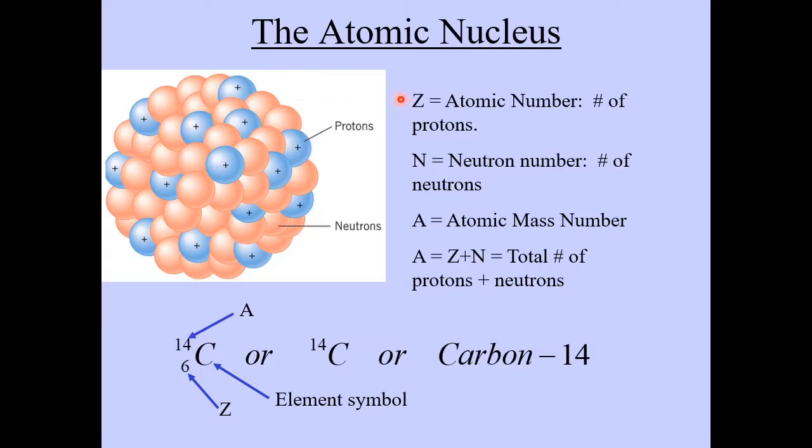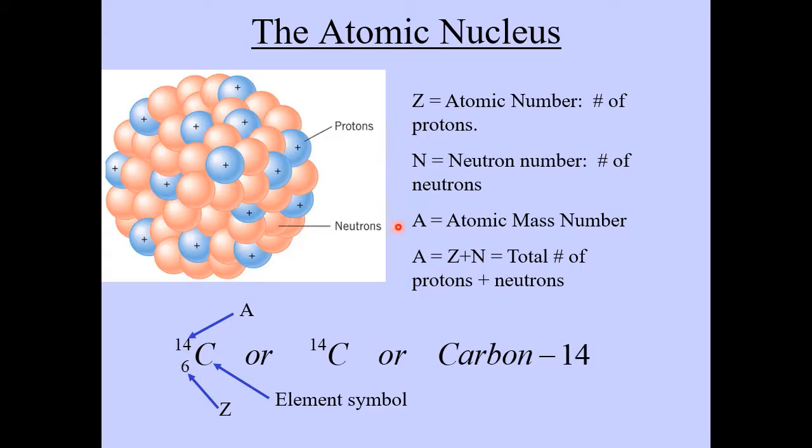So the atomic nucleus consists of two particles, protons and neutrons. The number of protons is called Z, which stands for what is called the atomic number. And the number of neutrons is called the neutron number, and we use the letter N for that.